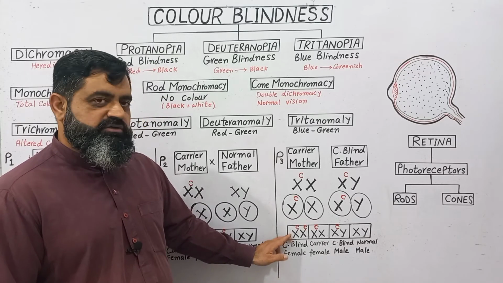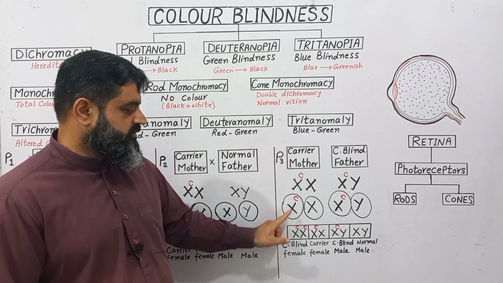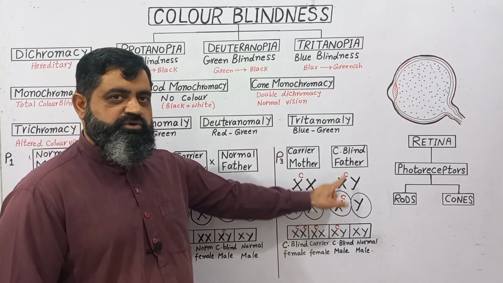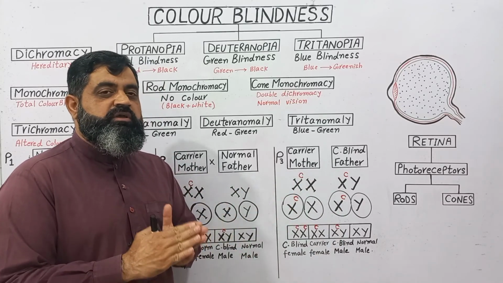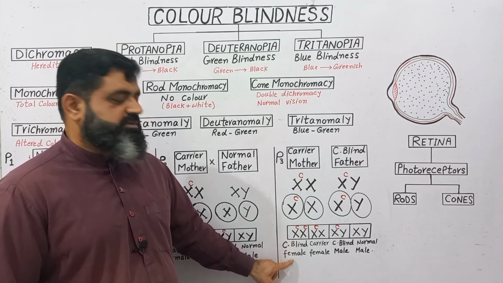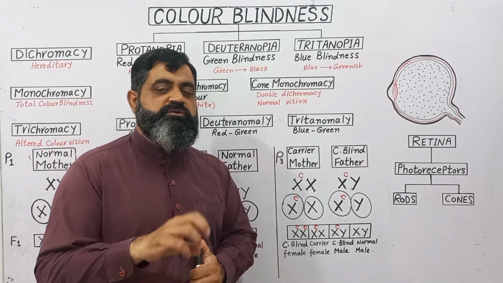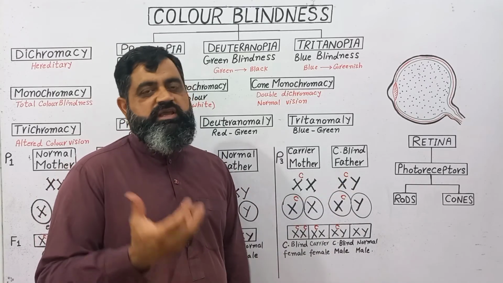The first daughter received an X chromosome which is colorblind from her mother, and she received an X chromosome from her father, which is also colorblind. So when both of the chromosomes appear in the same female, she will become colorblind. In this way, this disease is present mostly in males, because males only have a single X chromosome.